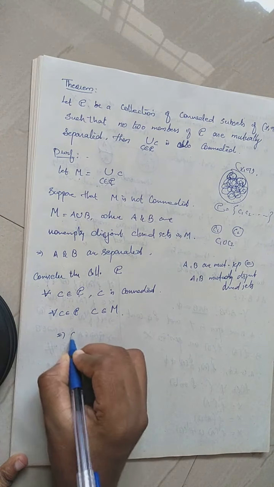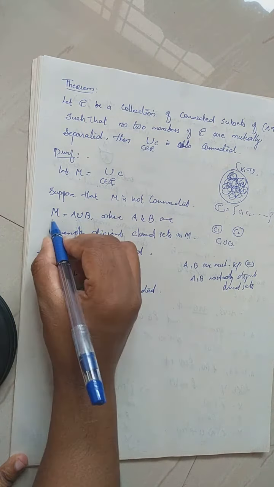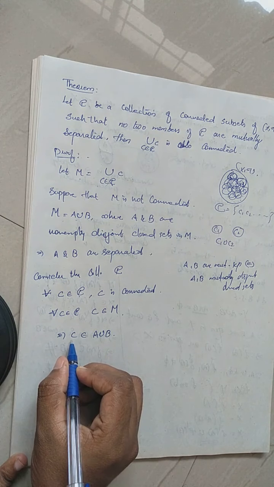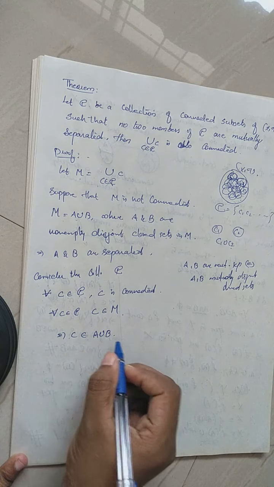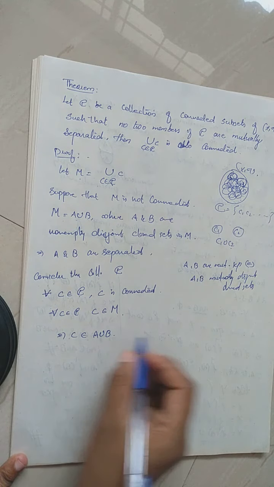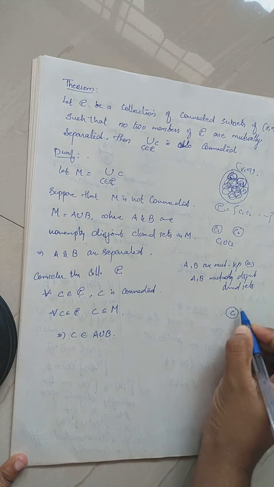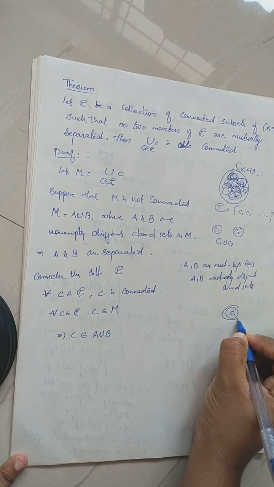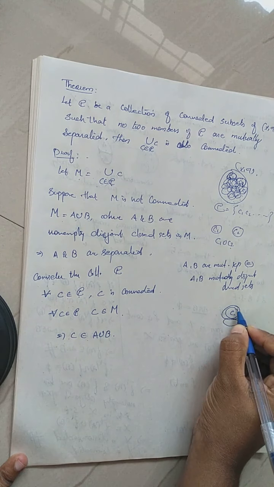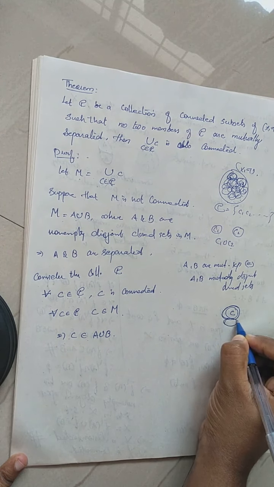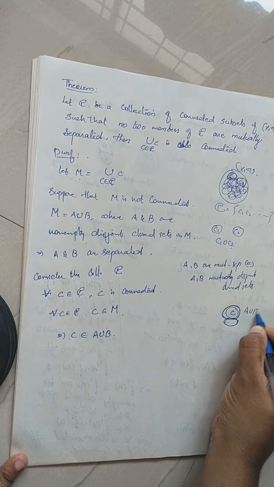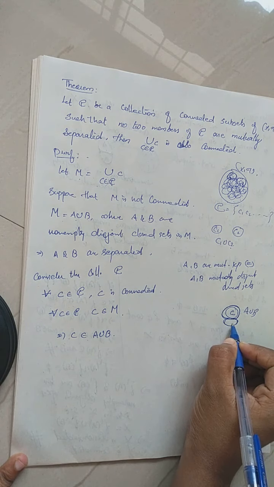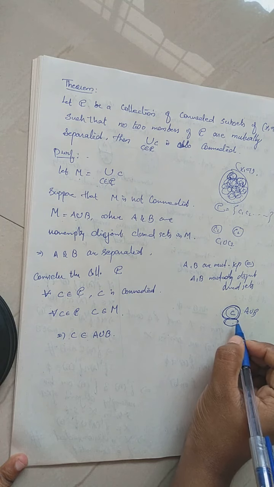So which implies C belongs to M, and what is M? A union B. C belongs to A union B. What is C? A connected set. So a connected set is contained in the union of two mutually disjoint sets. Suppose this figure eight is our A union B. So our C is a connected set which is contained in A union B. A and B are mutually disjoint closed sets.